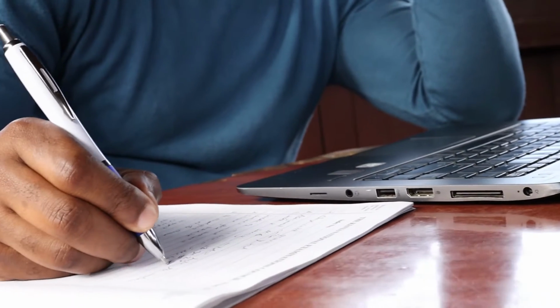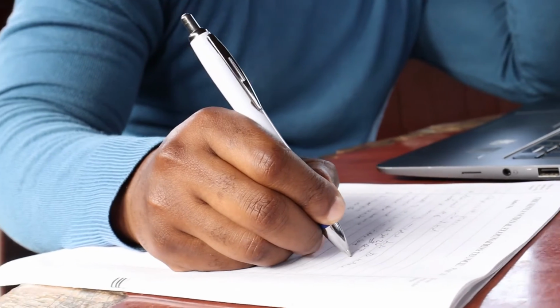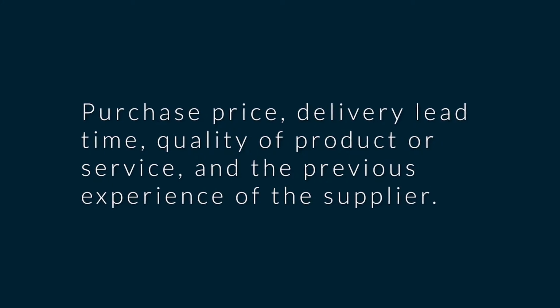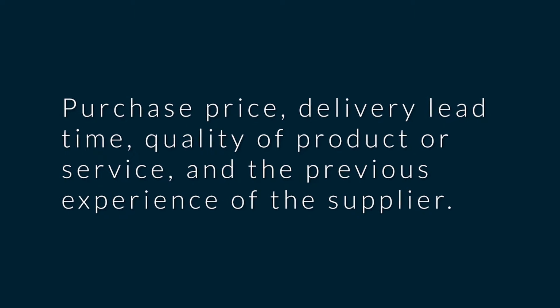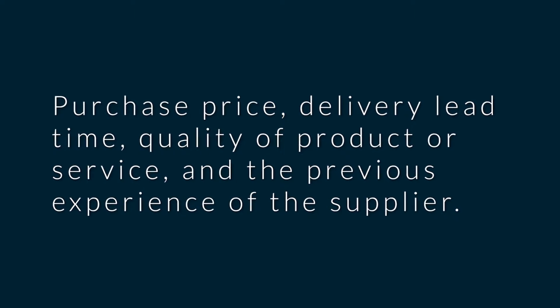The selection of an external supplier will depend on factors like purchase price, delivery lead time, quality of product or service, and the previous experience of the supplier. And as a procurement professional, there are three core things which you're going to be doing.